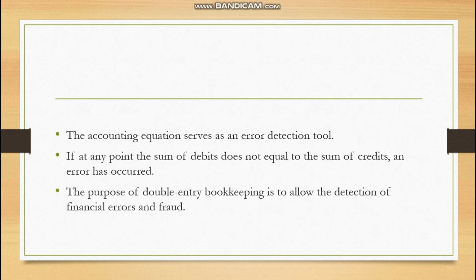So the accounting equation serves as an error detection tool. If at any point the sum of debits does not equal to the sum of credits, an error has occurred. The purpose of double entry bookkeeping is to allow the detection of financial errors and fraud.